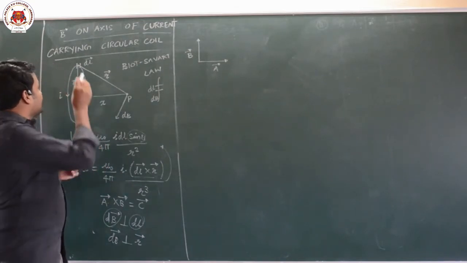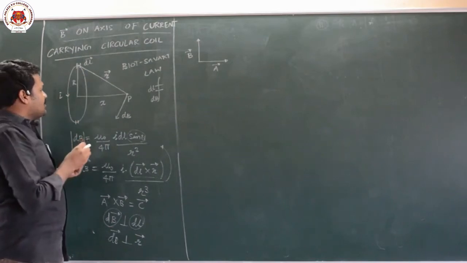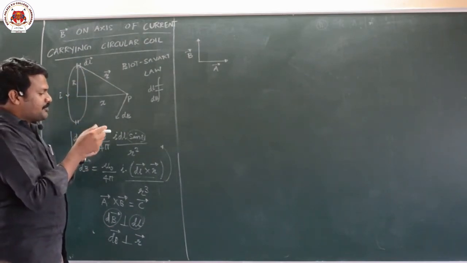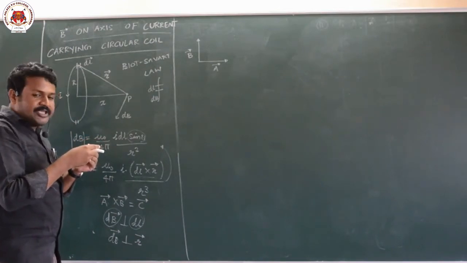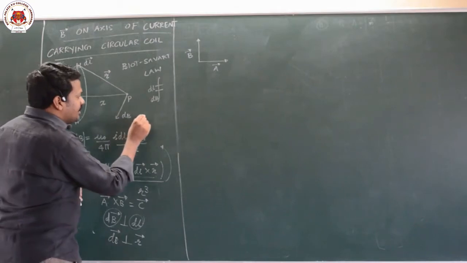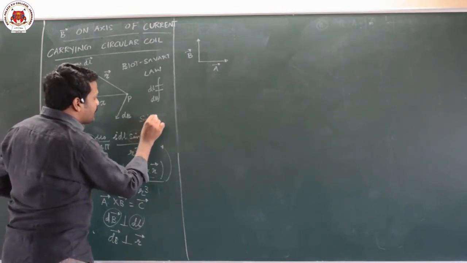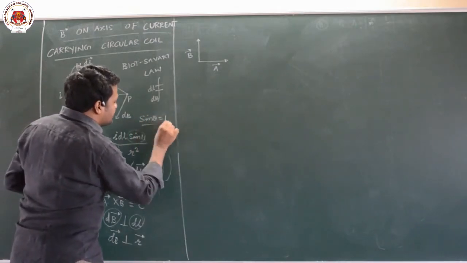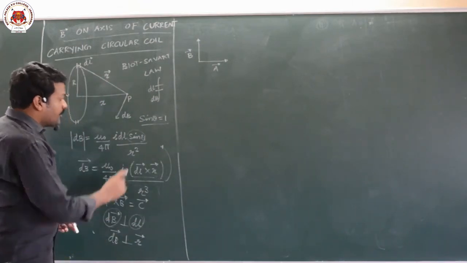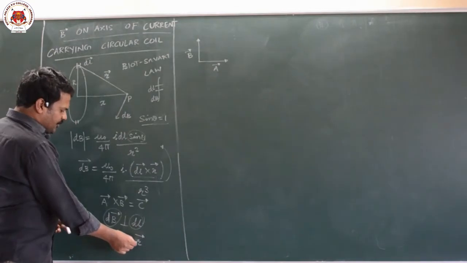This coil is present like this along the YZ plane. This dl and r are always at 90 degrees. So therefore, sin theta is taken as 1. Sin theta is equal to 1. dB is perpendicular to dl and dl is also perpendicular to r here.